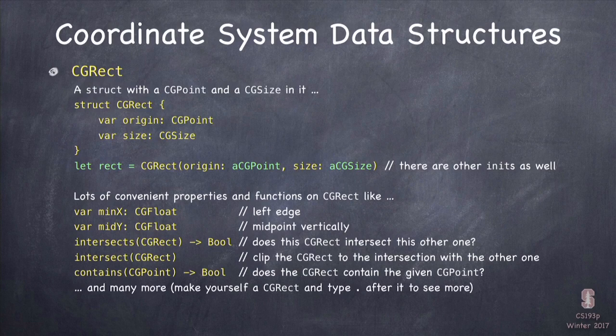Those will tell you where the left edge of your rect is, the top, the bottom, the middle points, etc. There are also nice functions like intersects, which returns whether two rectangles cross over, and even contains, whether a point is inside the rectangle. There are quite a few of these. I can't put them all on the slide, so you're going to want to familiarize yourself with CGRect, because it probably has a lot of things in there that you would otherwise be writing your own code to do.